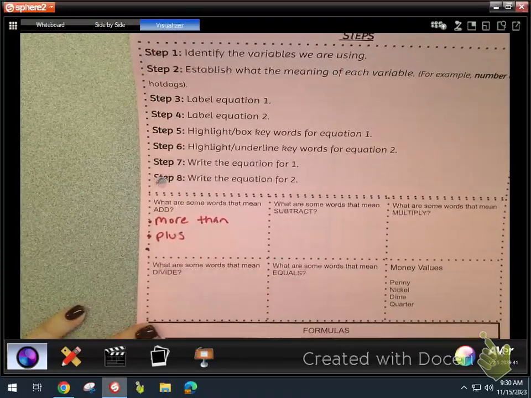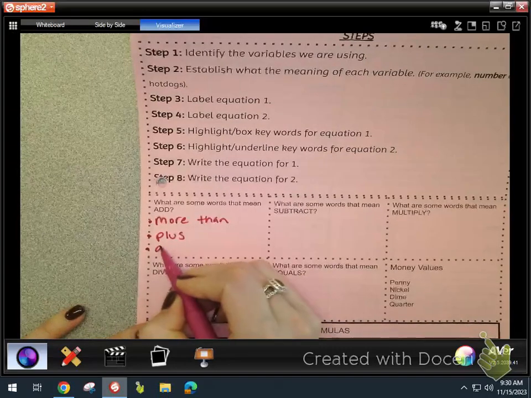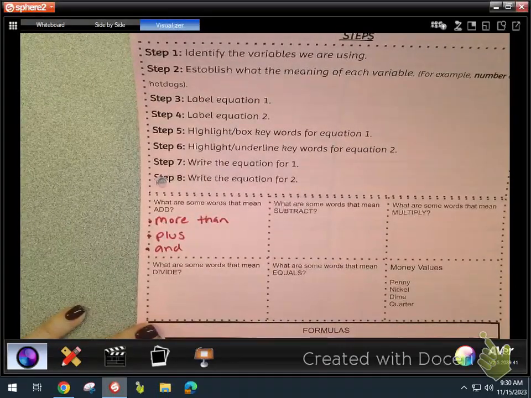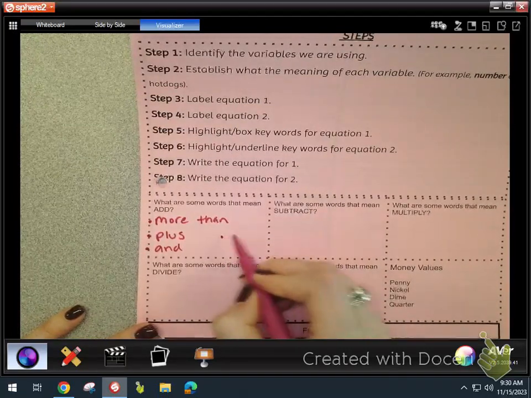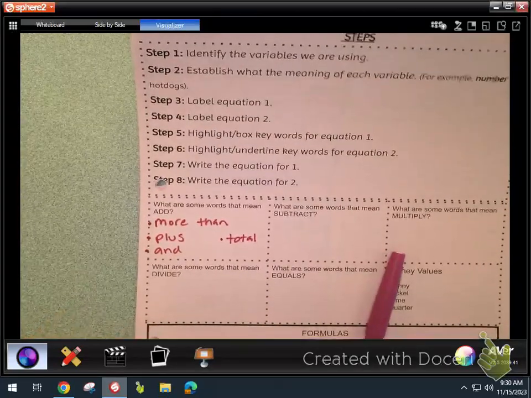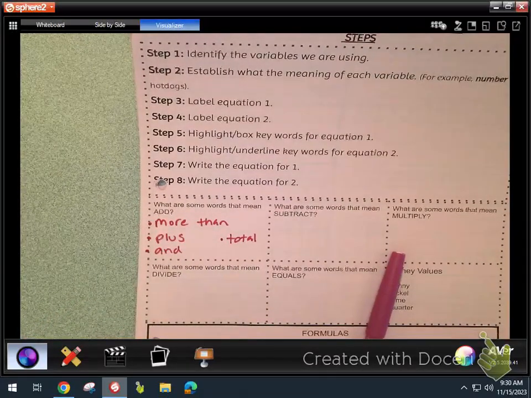Sometimes it'll say and, like the number of hot dogs and hamburgers. That would mean to add. And then another one would mean I'm talking about a total. Anytime we're talking about total, which is quite often, we're going to be adding up our variables there. So these are some key words we want to watch out for. If we see those, they're saying, hey, the operation is going to be addition.